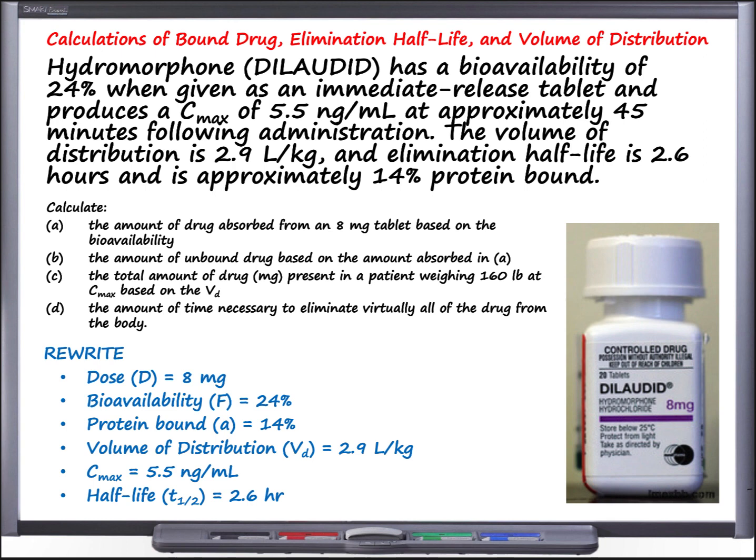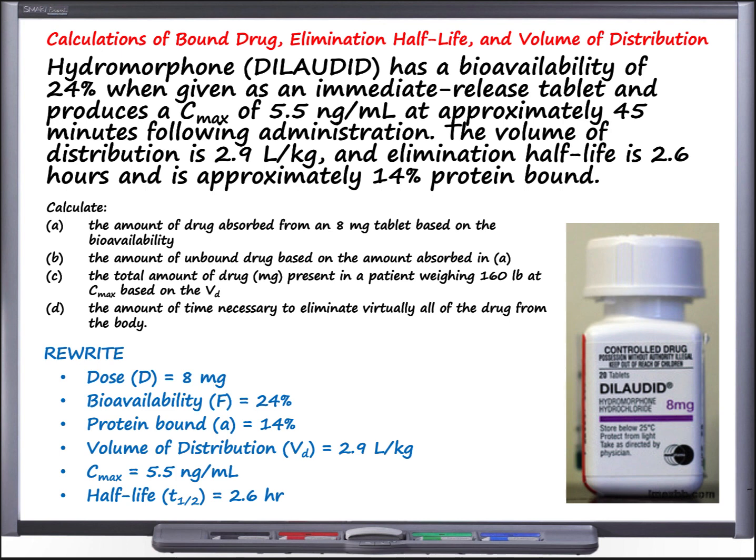So let's look at all the detail in this question, and then we'll break down and answer each of the 4 questions one at a time. The question states that hydromorphone, or DILAUDID, has a bioavailability of 24% when given as an immediate-release tablet, and produces a Cmax, which is the peak or maximum plasma concentration, of 5.5 nanograms per milliliter at approximately 45 minutes following administration.